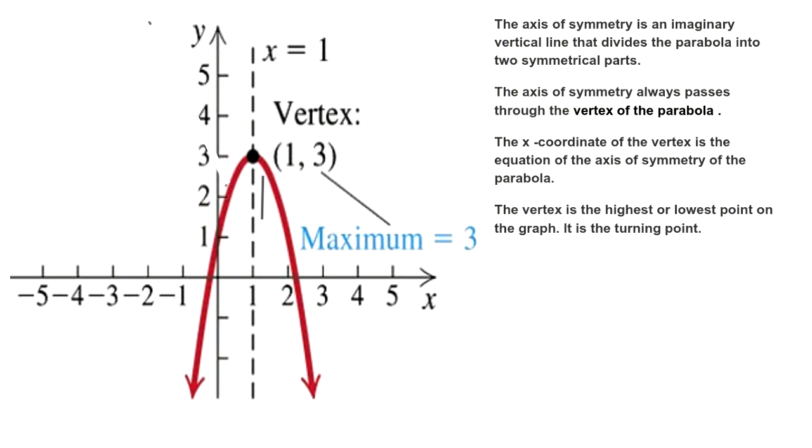Now the same here, the vertex is your highest point. This graph is upside down, so that means that the equation of this parabola has a negative in front of it.